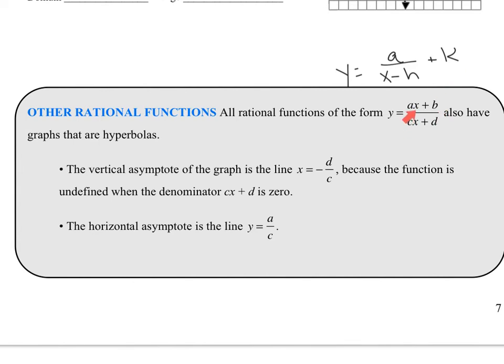So for this one we have ax plus b, so we have a binomial in the numerator and a binomial in the denominator. And then they have a vertical asymptote of x equals negative d over c. Again, I'll show you how to do that on the next page. And then they have a horizontal asymptote of a divided by c, so just your coefficient of x's. So let's go ahead and practice some on the next page.